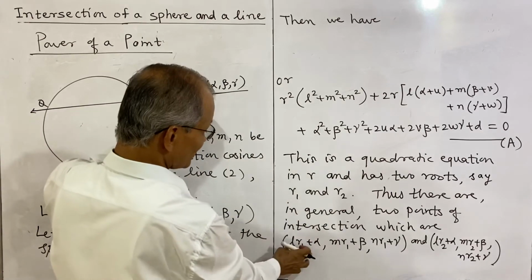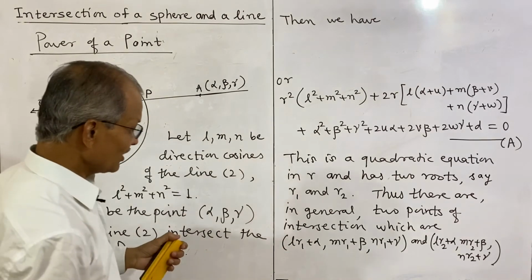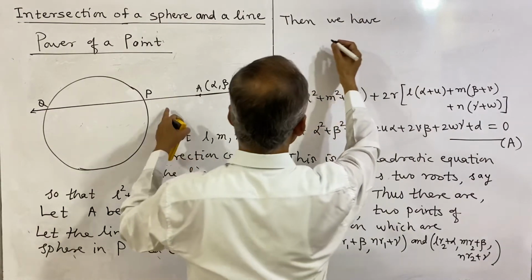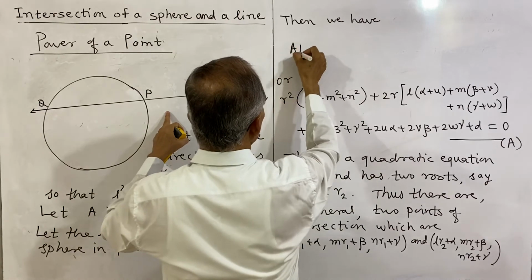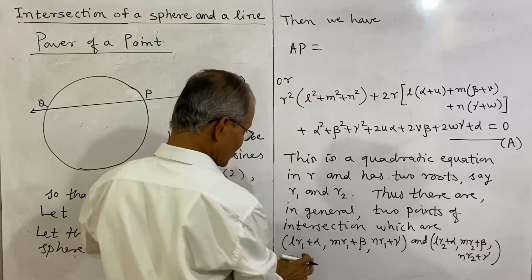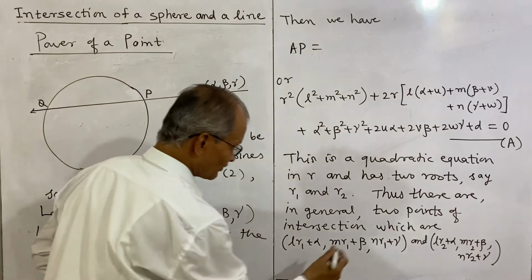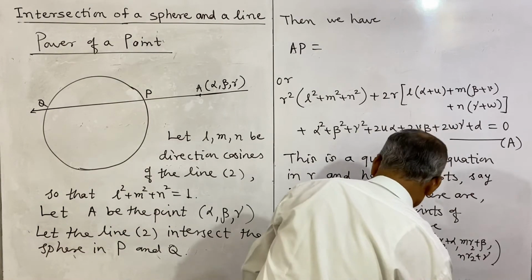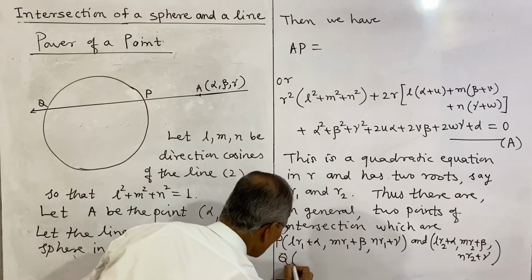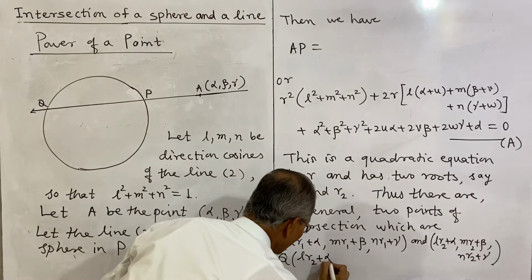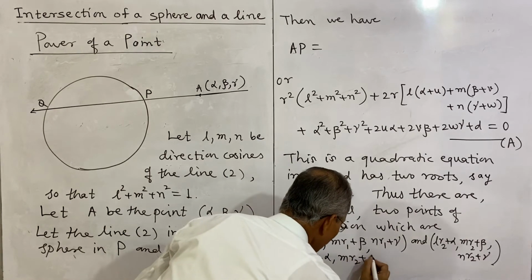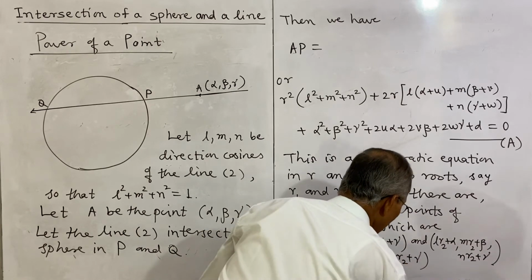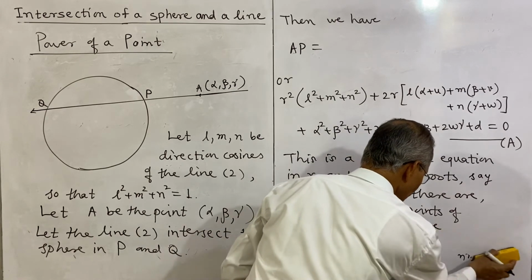Similarly, by using the distance formula, that will be actually the distance. Q is the point l r2 plus alpha, m r2 plus beta, n r2 plus gamma.